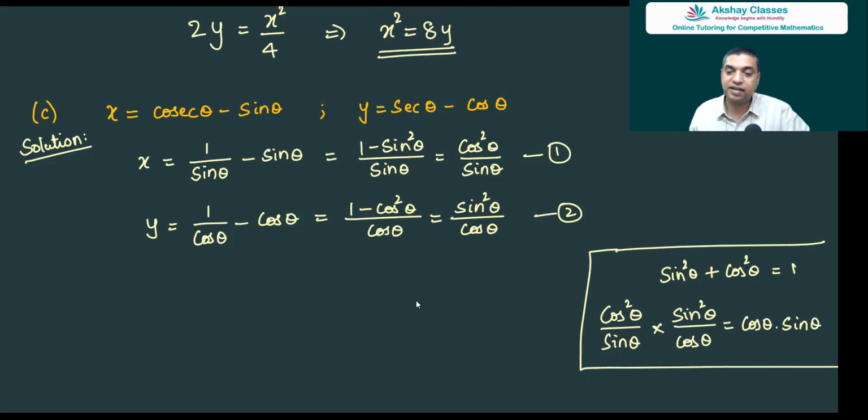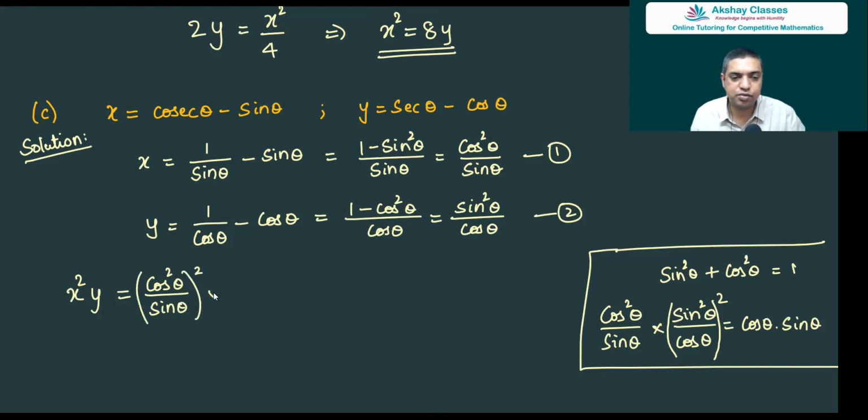But one thing I can do, suppose I square this and multiply. Then this cos square gets cancelled. I'll get purely in terms of sine square theta. So x square times y gives cos square theta upon sine theta, the whole square, multiplied by sine square theta upon cos theta. What do I get?